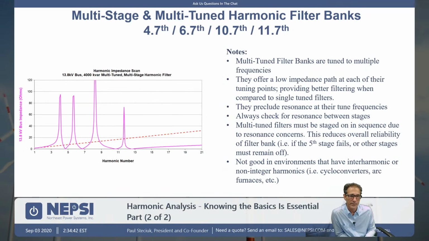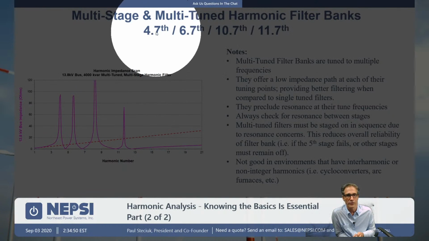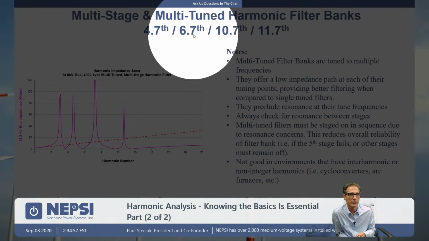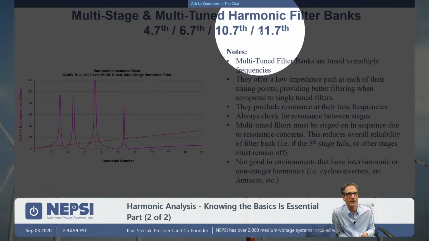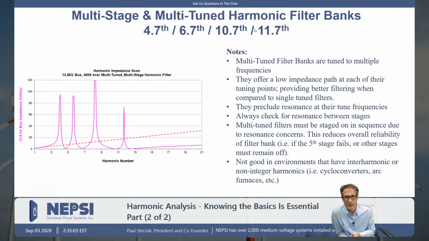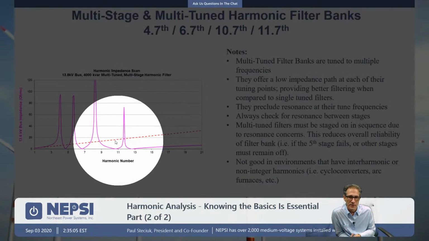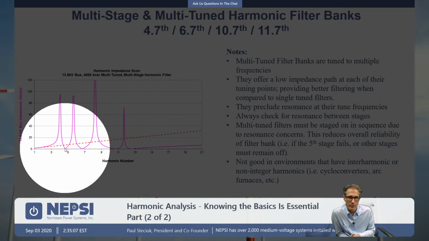Okay, so let's talk about this concept of multi-tuned harmonic filters. Here we've taken that 4-stage bank, which was 1 megavar for each stage, and we instead tuned it to 4.7, 6.7, 10.7, 12.7. If you look at this curve, you can kind of see what we got. We have the first tuning point here, 4.7.